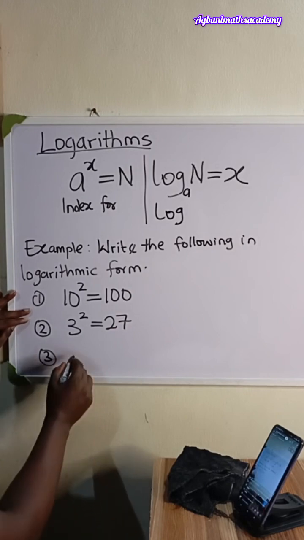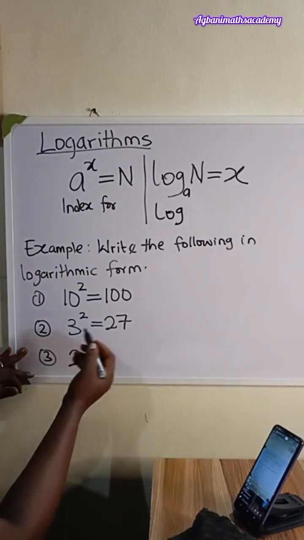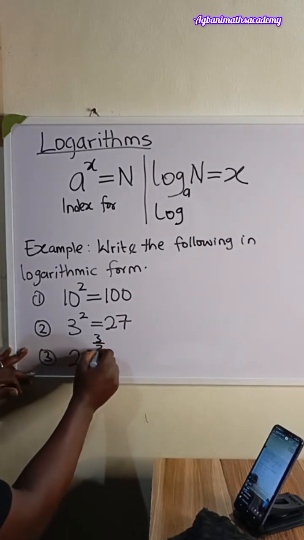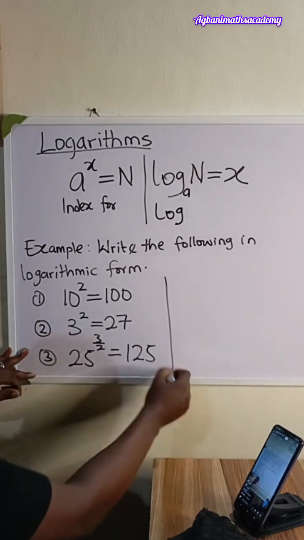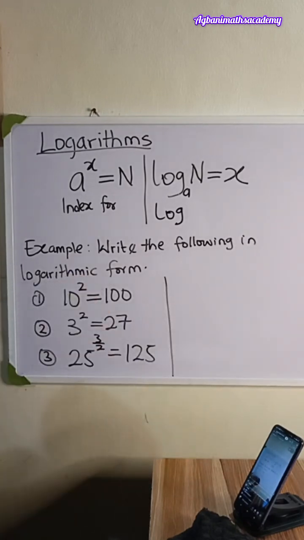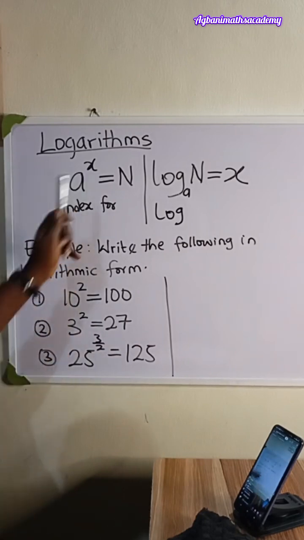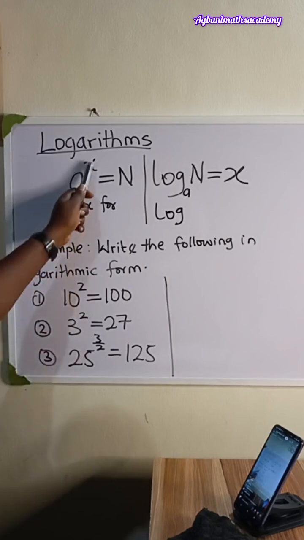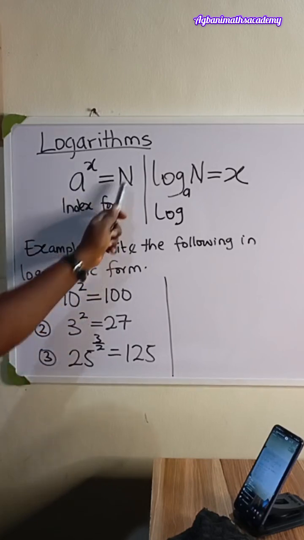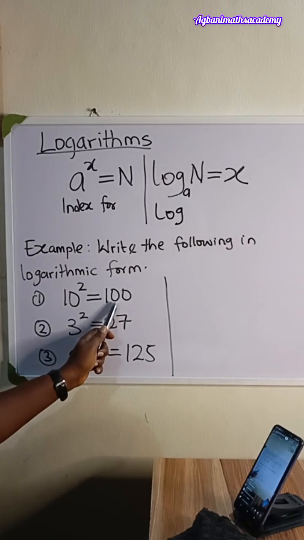Number 3: 25 to the power of 3 over 2 is equal to 125. All these values are in index form. Comparing to the general form, A here is 10, x is 2, and N is 100.